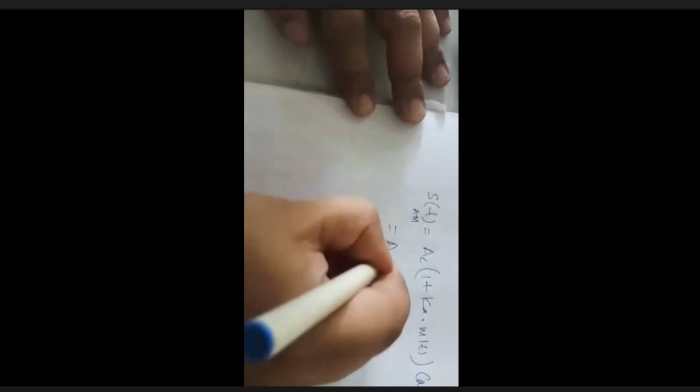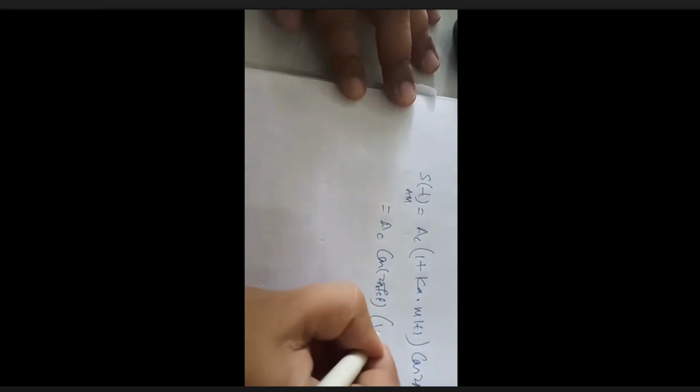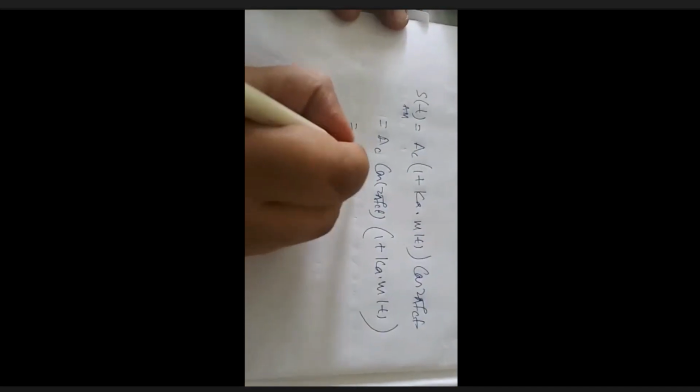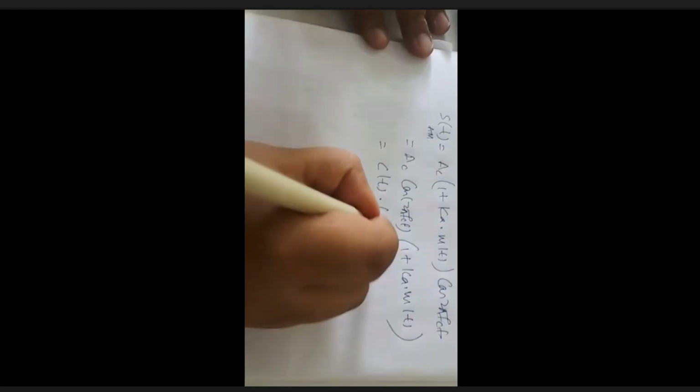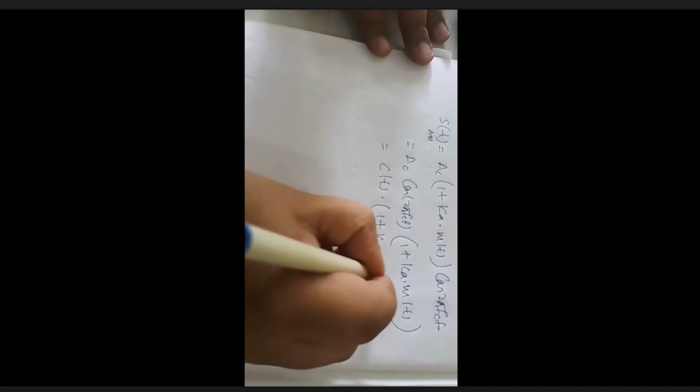It can also be written as Ac cos of 2 pi fc t into 1 plus K into m(t), or it can be c(t) into 1 plus K into m(t).